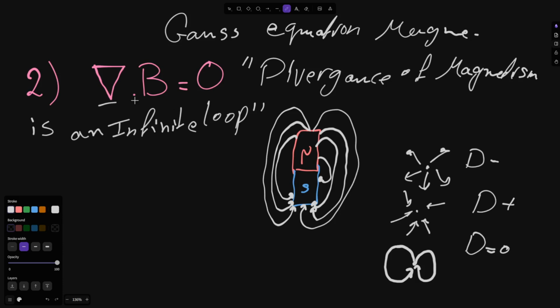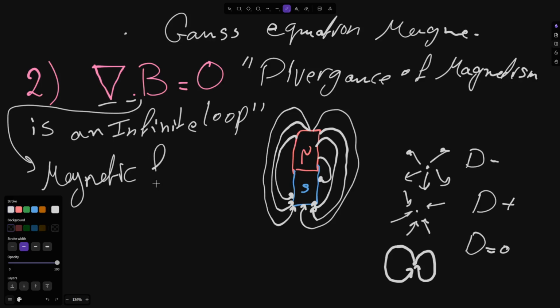It says that the nebula of B, the divergence of B. This is for the magnetic field. B here is the magnetic field. So for the magnetic field, the divergence is 0.